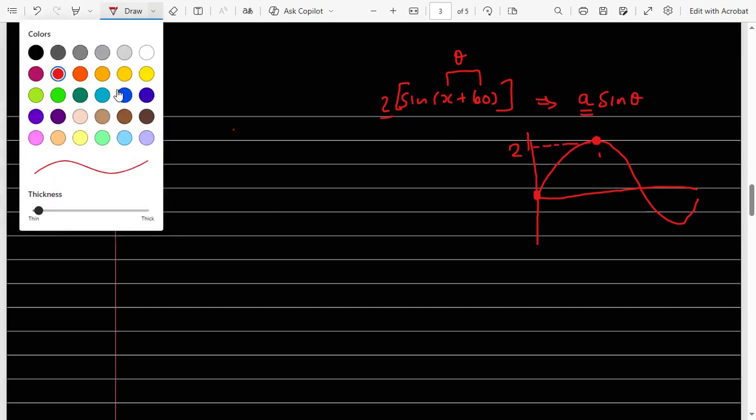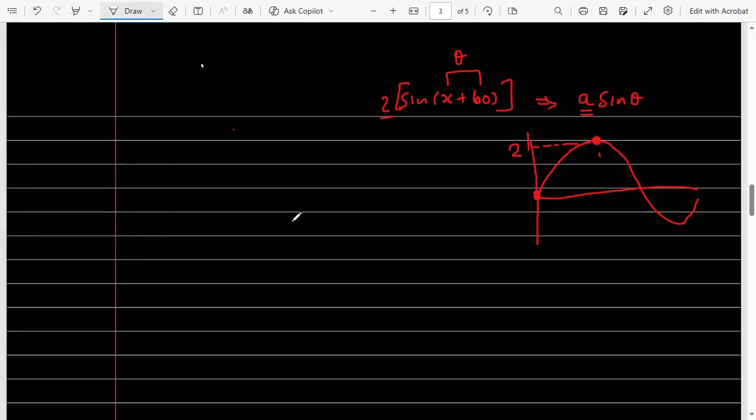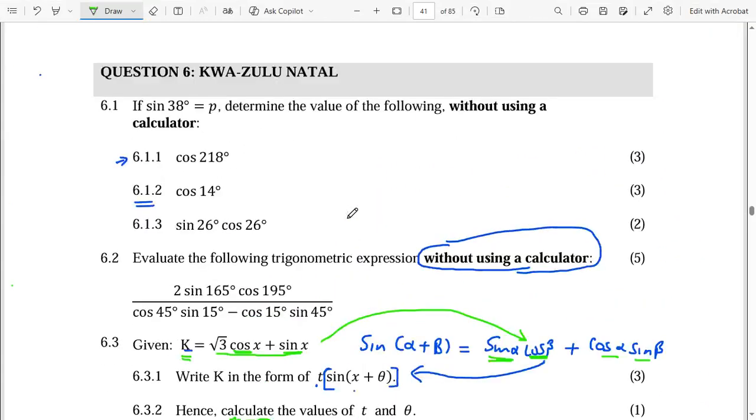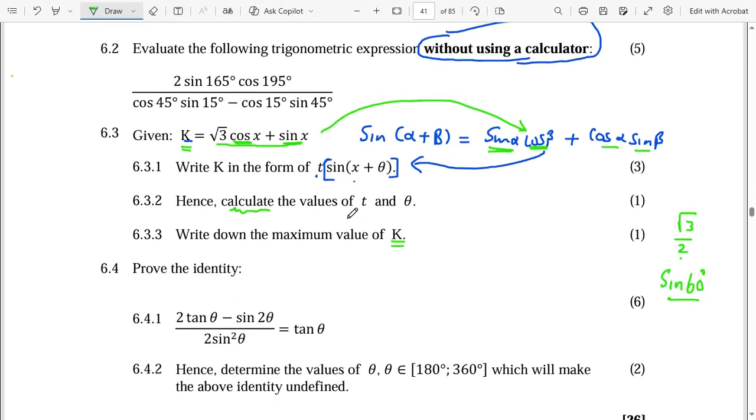So the maximum value is 2, which is the value of a, the amplitude. So to answer this, 6.3.3, we're going to say the maximum value is 2. Simple. Wow. I think we've been working on this for the past 40 minutes now. This question paper is a very nice one.